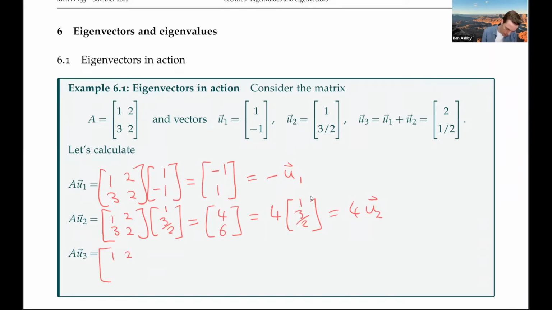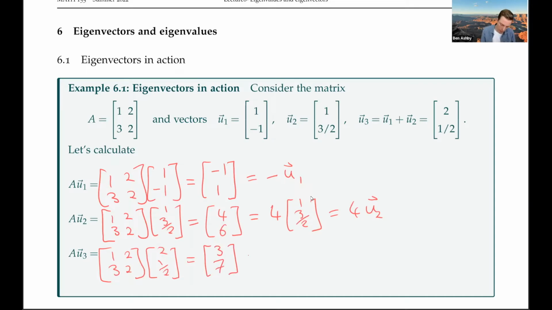What happens in this final example, with our matrix A times U3? U3 here is U1 plus U2, so that's (2, 1/2). In this case, we now get the vector (3, 7). What do we know about this?